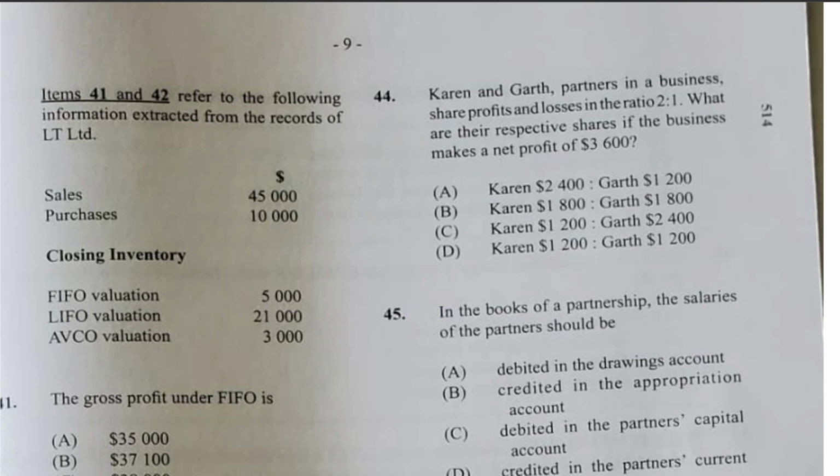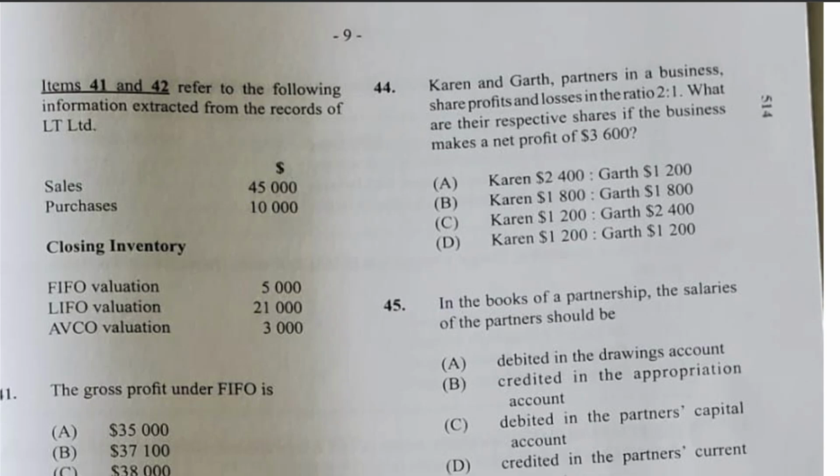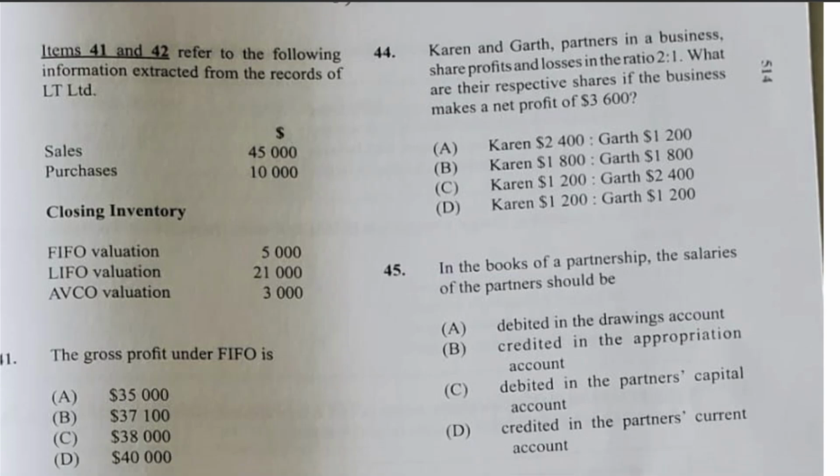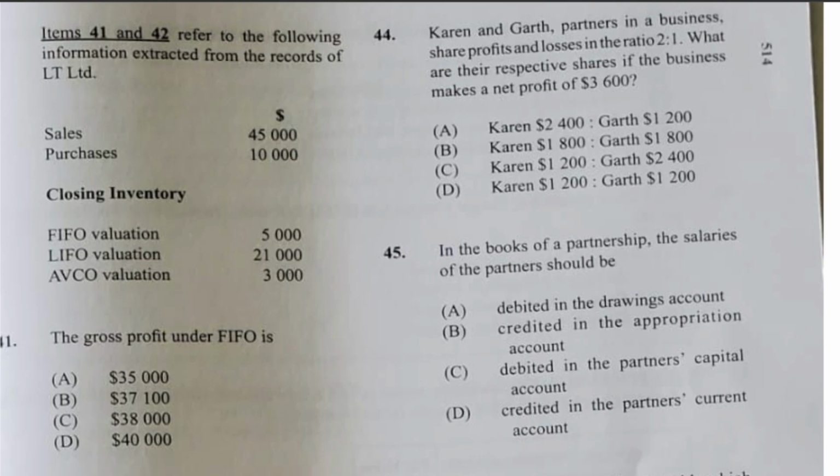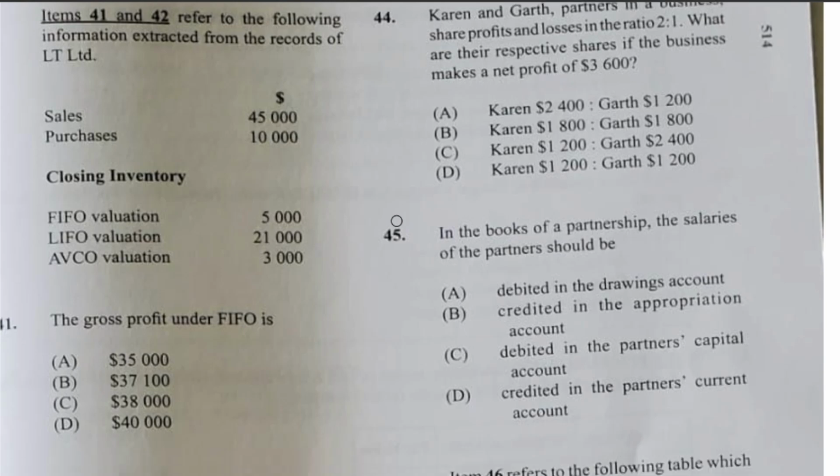Items 41, 42 refer to the following information extracted from the records of LT Limited. Here we are asked to find the gross profit on the FIFO and then AFCO. So you have sales, purchases, and we have the closing inventory. The normal thing is we have sales, opening inventory plus purchase less closing inventory.